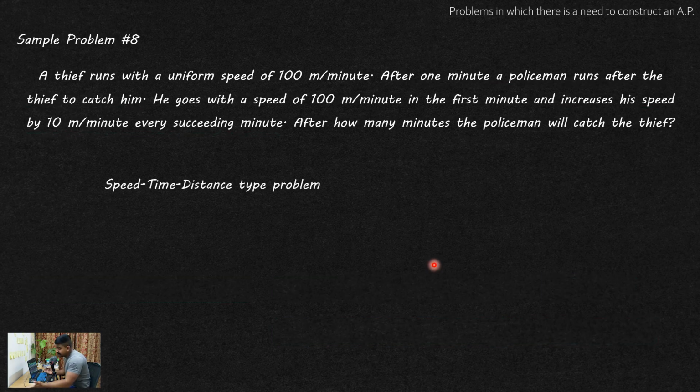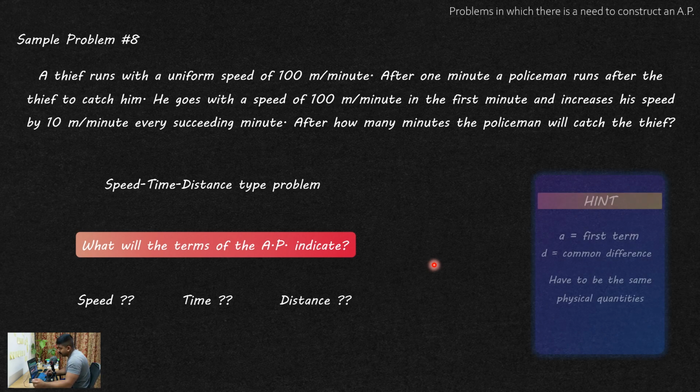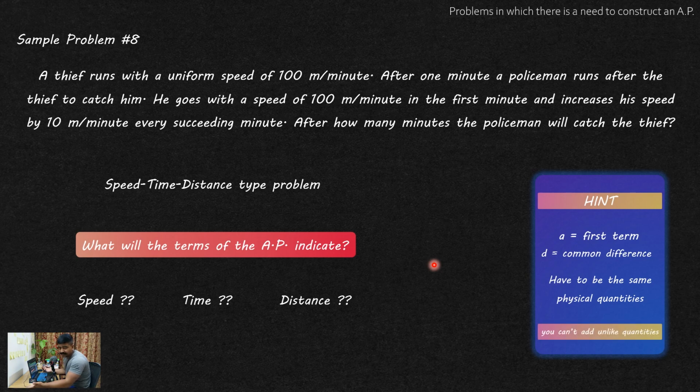Now this is a problem of speed, time, distance. What will the terms of the AP indicate? Again, a very basic question, but an important one. Speed or time or distance. Now there's a hint for you. A is the first term, D is the common difference, but these quantities have to be the same physical quantities, since you cannot add unlike quantities.